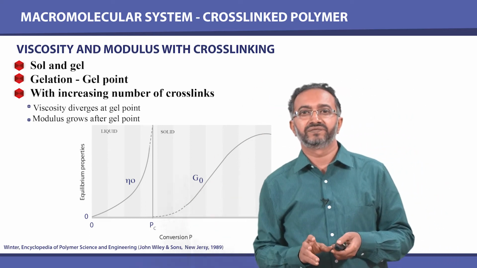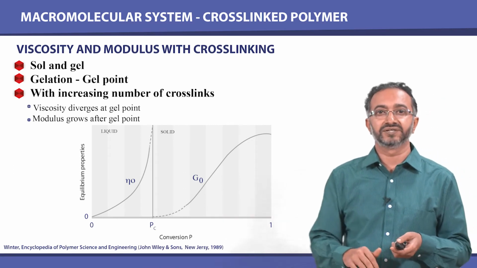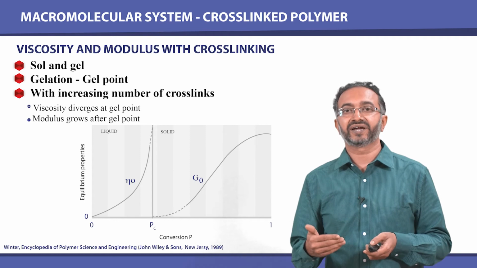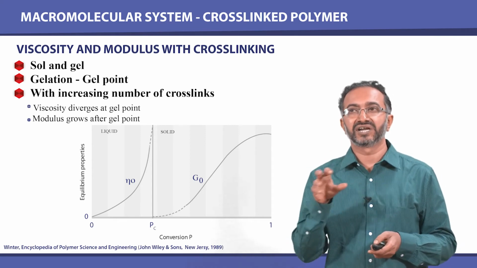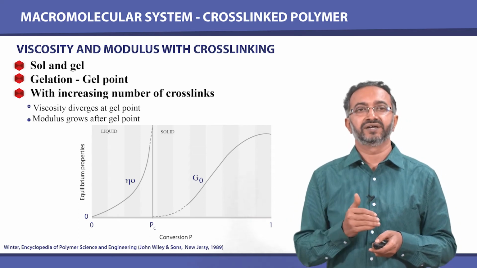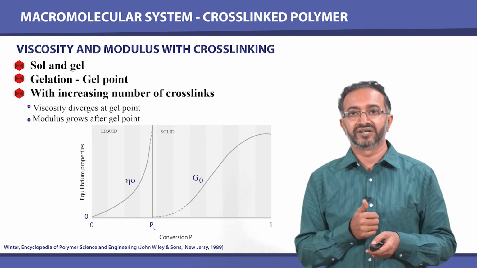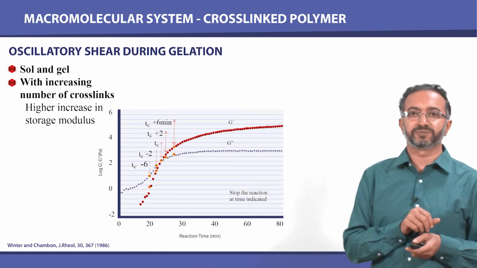So, therefore, we can see that viscosity diverges at gel point and the equilibrium shear modulus becomes significant beyond the gel point. So, these two could be used as a measure of gelation in materials which undergo this cross linking and achieving a 3-dimensional network. And so, this can be done using an oscillatory shear experiment also.